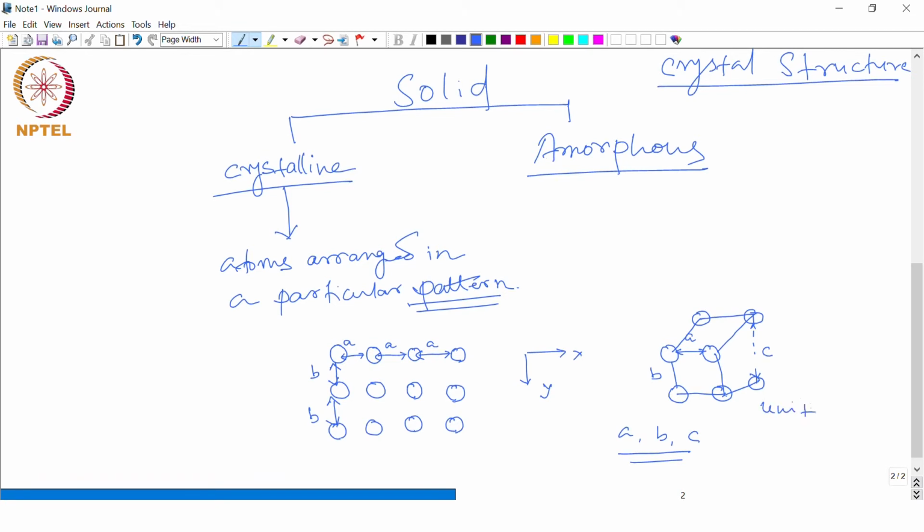And this small unit, or the smallest cell that now we have constructed, is known as the unit cell, which can be repeated in all 3 directions to generate the crystal structure, okay, or generate what we also call as the lattice.